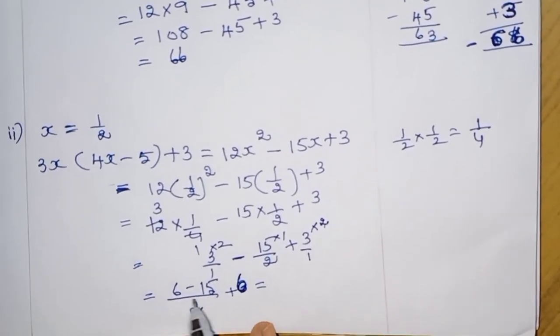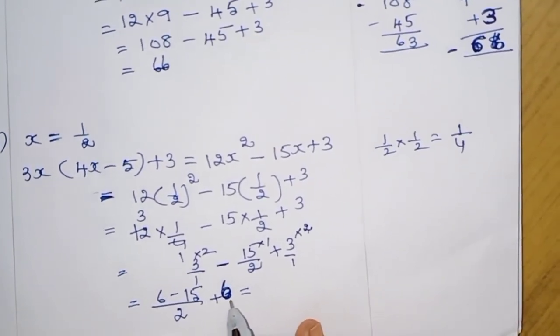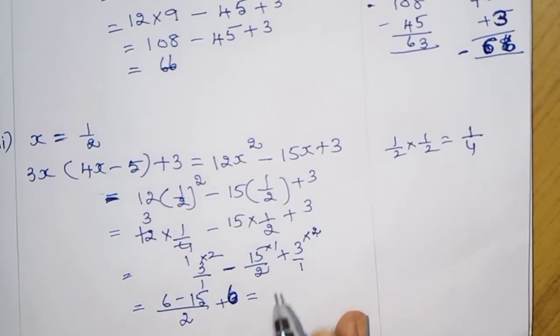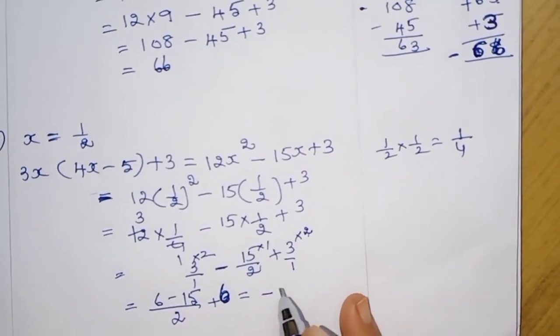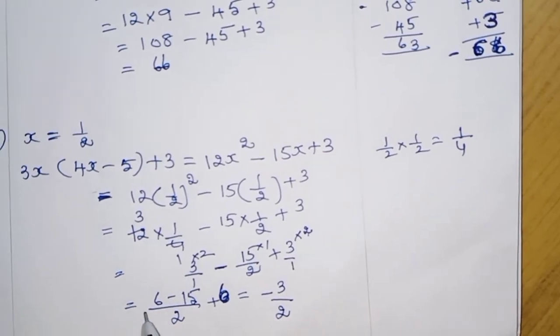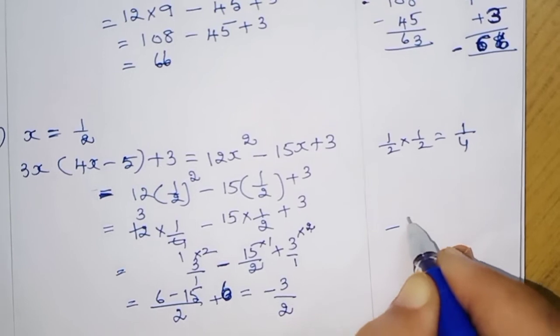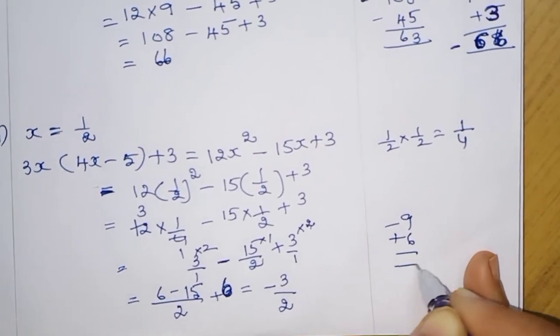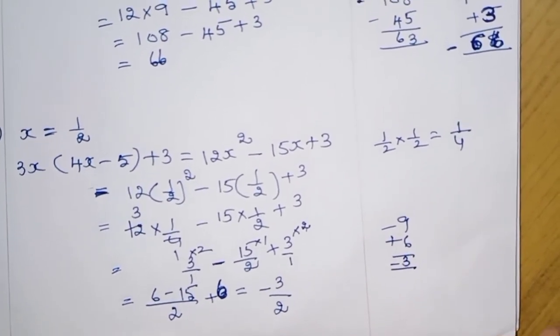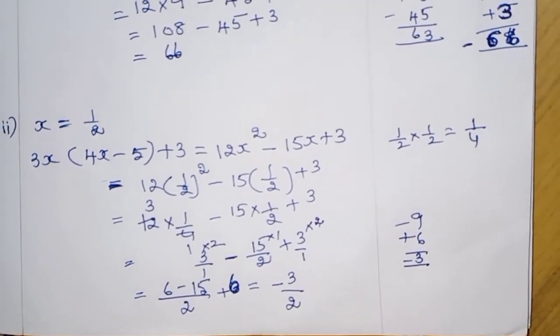So 6 minus 15 is minus 9. Minus 9 plus 6 is minus 3. So it is minus 3 by 2.